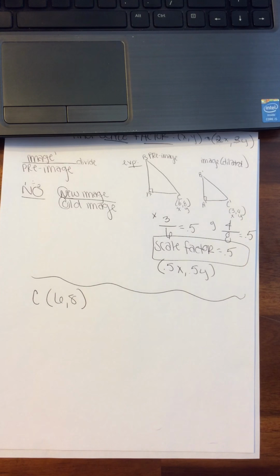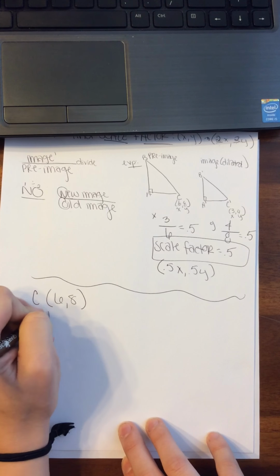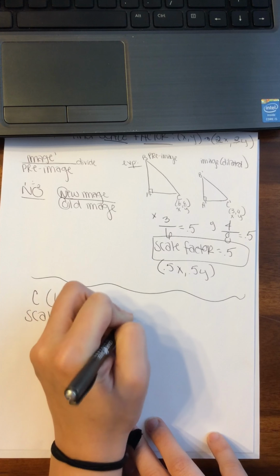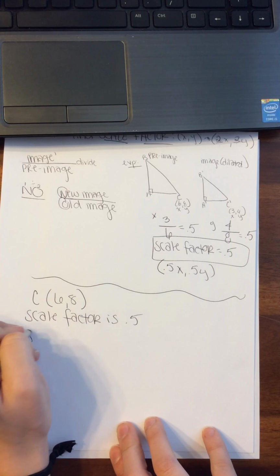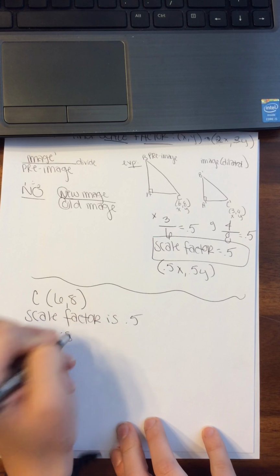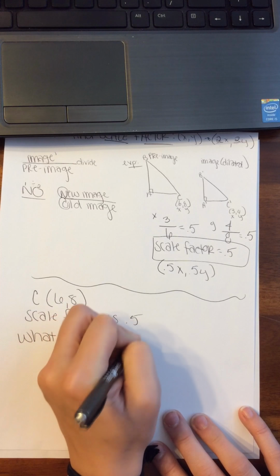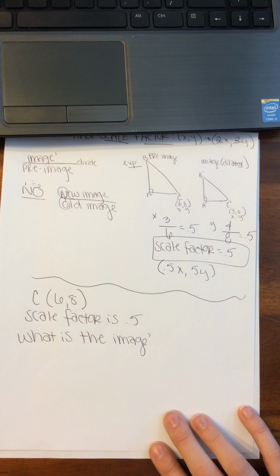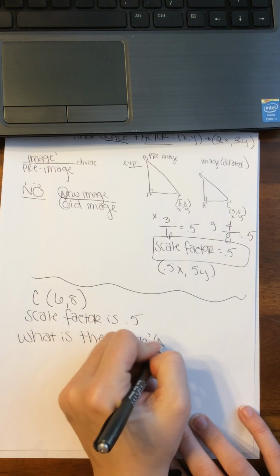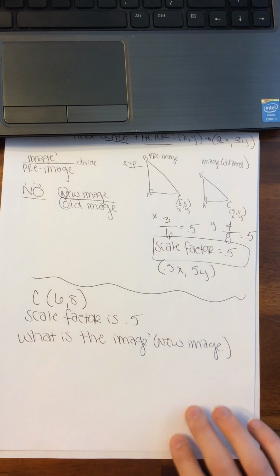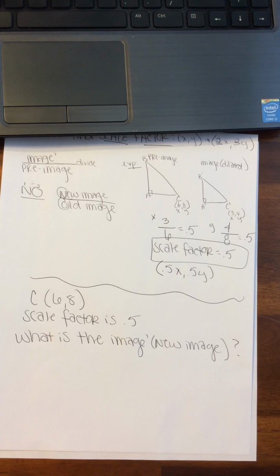And I was told that my scale factor is 0.5, and it asks what is the image prime, or the new image? What is the ordered pair? So I'm going to give you a second to write that.